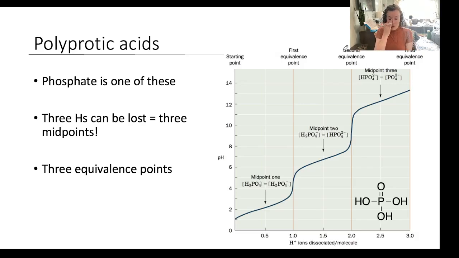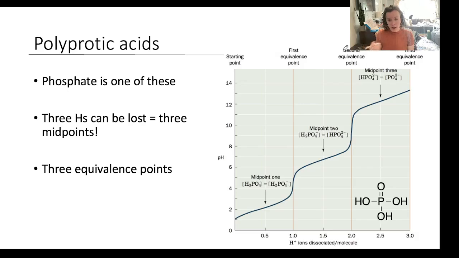And finally, in the next video, we're going to walk through understanding how this protonation and deprotonation, the protons dissociating, works for a polyprotic acid. It's going to be important for us to think about polyprotic acids because all amino acids are polyprotic. Phosphate is a polyprotic acid.